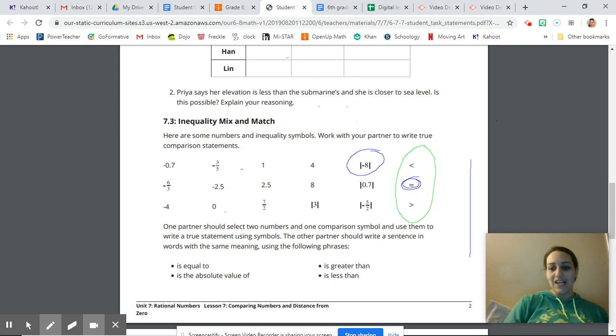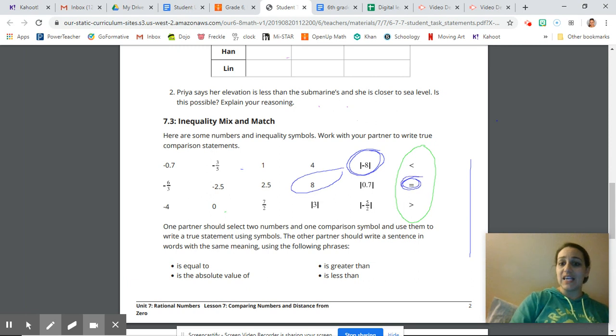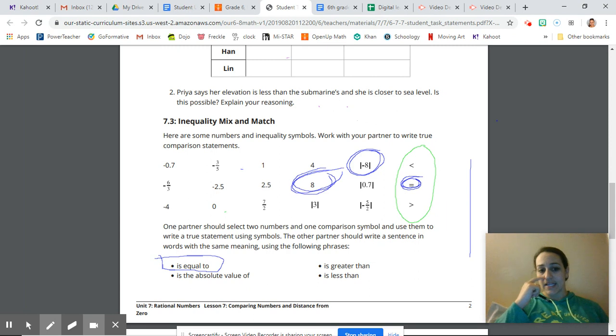So being 8 units away from zero, even in the negative direction, that's actually the same thing as being at 8. So those two are going to be equal to one another. So if I was going to write this in words, then I could say the absolute value of -8 is equal to, there's my words, 8. So I'm going to take those and write it as a sentence.